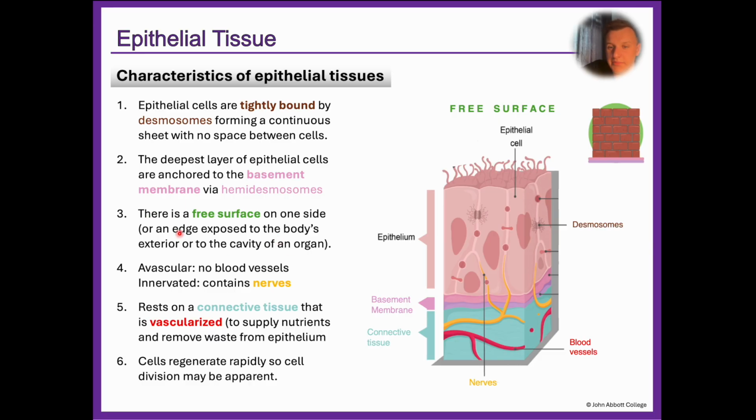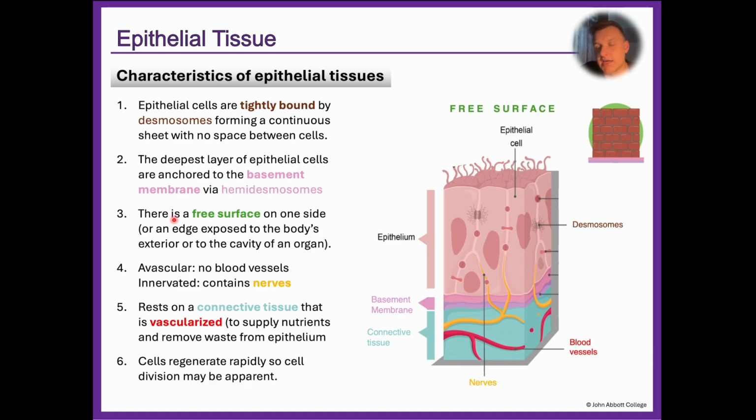And all epithelium have some kind of a free surface on one side. So over here, let's say, is the free surface where you have, as I said, your skin. This is the environment, the free surface, right? But it could also be like a tube, right? Like if the epithelium is going around in a circle in a tube, then the inside of the tube is the free surface, right?